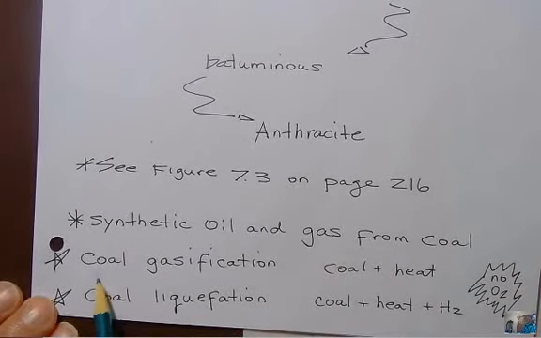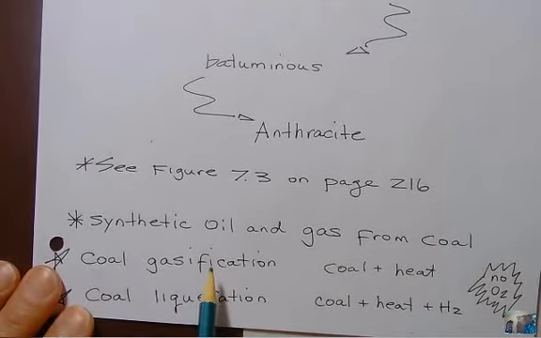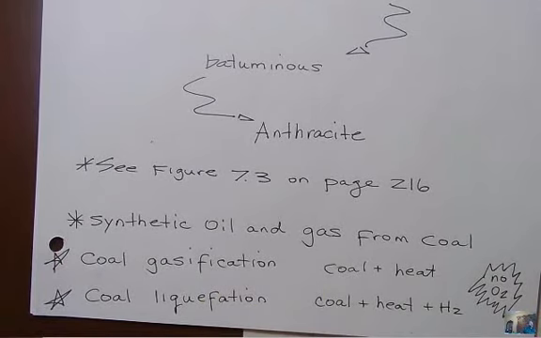The other thing that you can do is coal gasification. So in coal gasification, what you do is you expose the coal to heat and steam, and in the absence of oxygen, and you create a gas that has hydrogen in it, natural gas, and carbon monoxide.